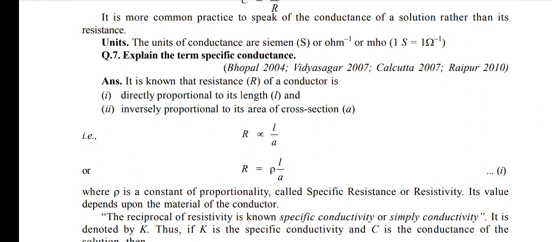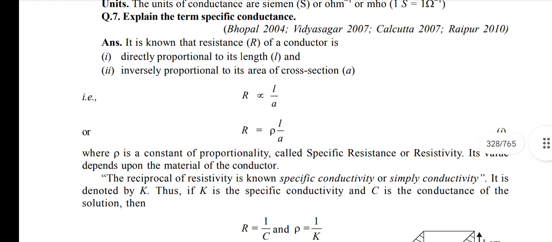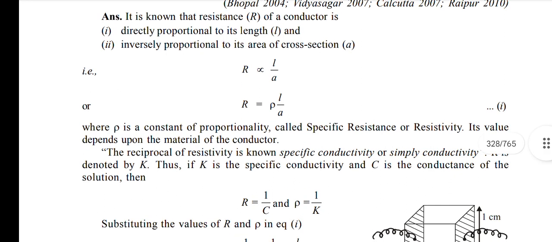Explain the term specific conductance. It is known that the resistance R of a conductor is directly proportional to its length L and inversely proportional to its area of cross section A. R is directly proportional to L by A, so R is equal to rho into L by A, where rho is a constant of proportionality called specific resistance or resistivity.